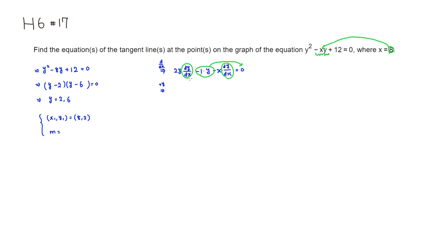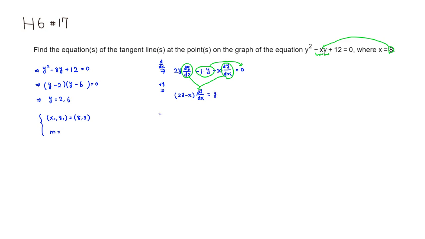So I'm going to put dy over dx, and what's left here is 2y and minus x, and this is equal to, this term negative y becomes positive y on the other side.